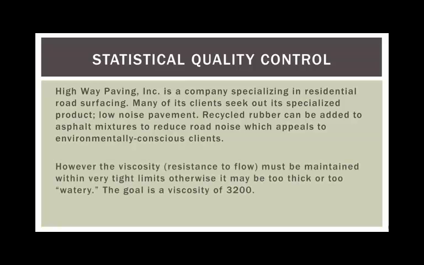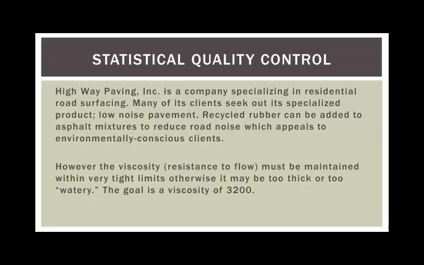Now, one quality of the asphalt is called its viscosity, and that's its resistance to flow. So I'm sure you know about this concept in real life, like oil flows slower than water, and we call that sort of thickness its viscosity. Now, this asphalt must be maintained within very tight limits, otherwise it may be too thick or too watery.